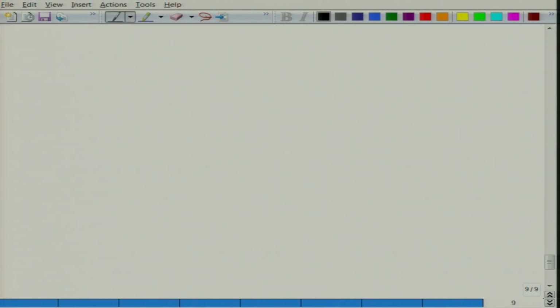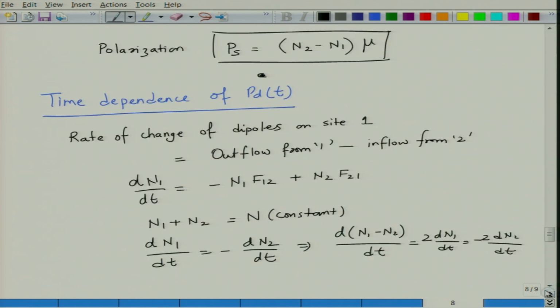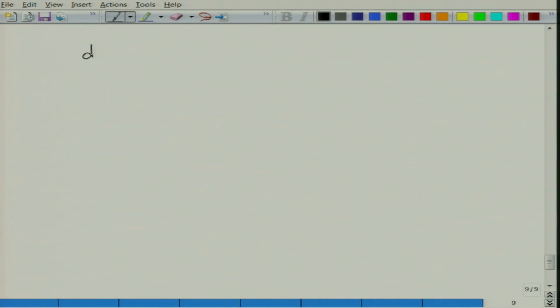So now let's go back to our previous expression: dN1/dt is equal to 1/2 d(N1 minus N2)/dt.